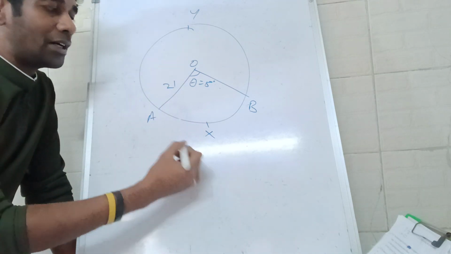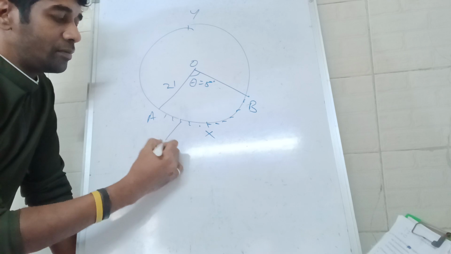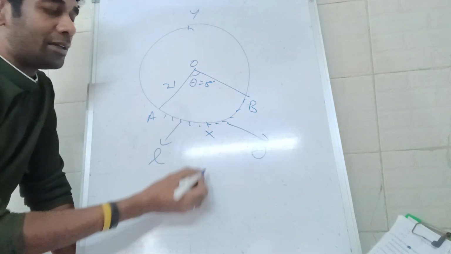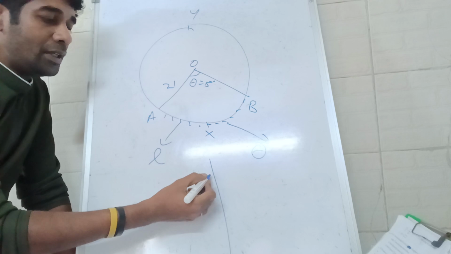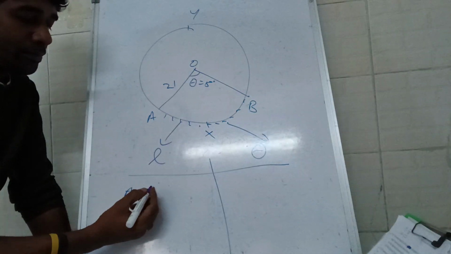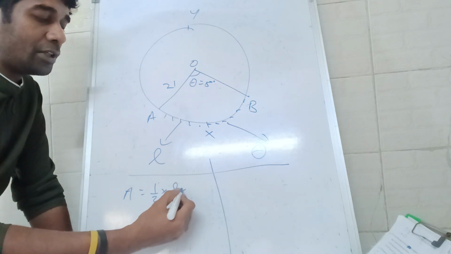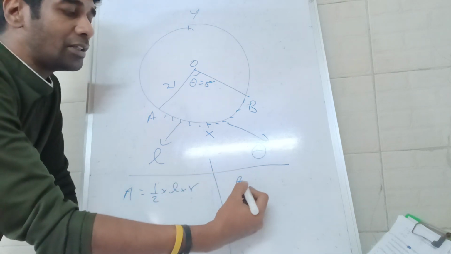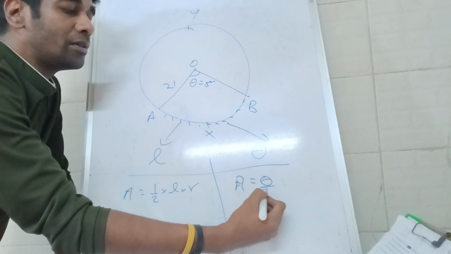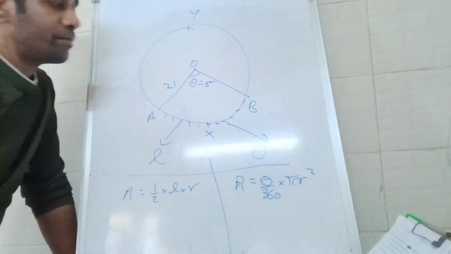Find the length of the arc. I told you, in a circle we have a length and here we have a theta. There are two formulas. If I have length, area is equal to half into length into radius, and here area is equal to theta upon 360 into pi r square.